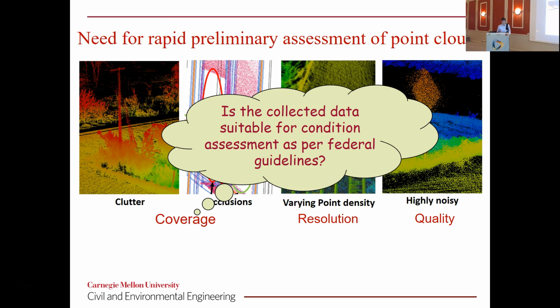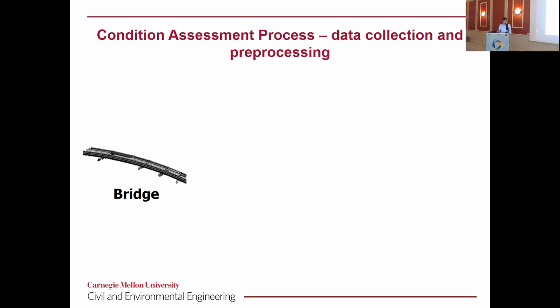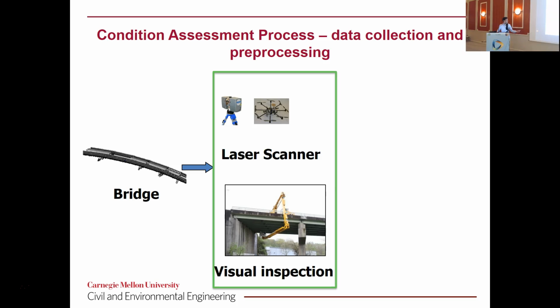Okay. Now, before I go into the rapid preliminary assessment methodology, let me give you some background on the condition assessment process and what we do with the data once it is collected and how we analyze it. So we have a bridge to start with, and currently there are two common methods for collecting this data.